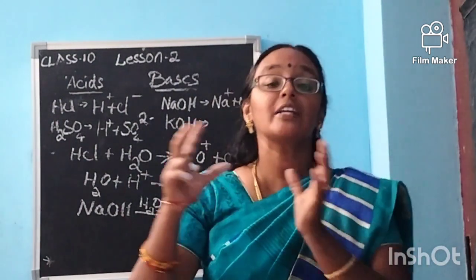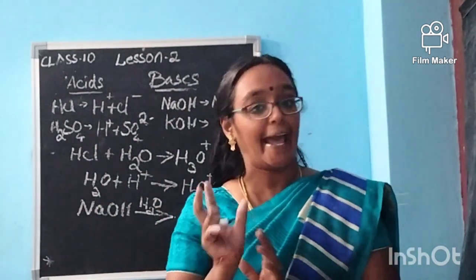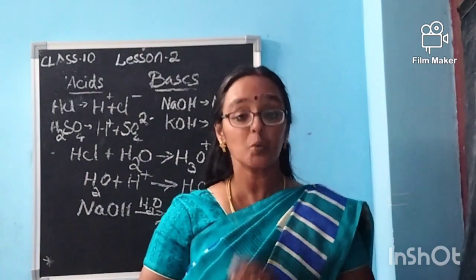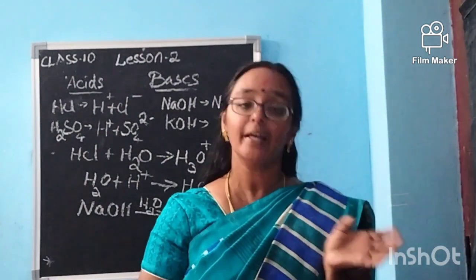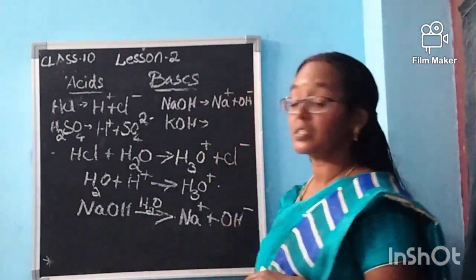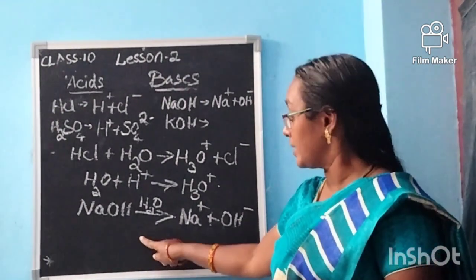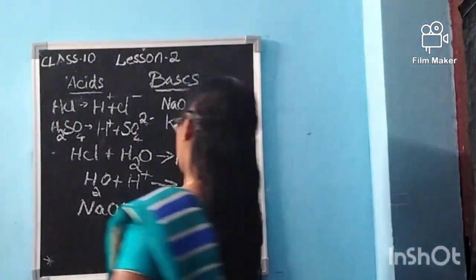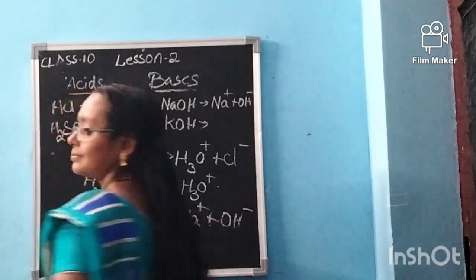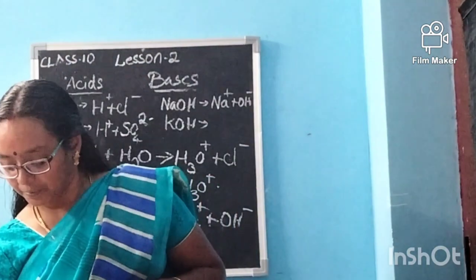The bases which are dissolving in water are called alkalis. Here sodium hydroxide, when we are adding water to it, dissolves in it to form Na+ and OH−.